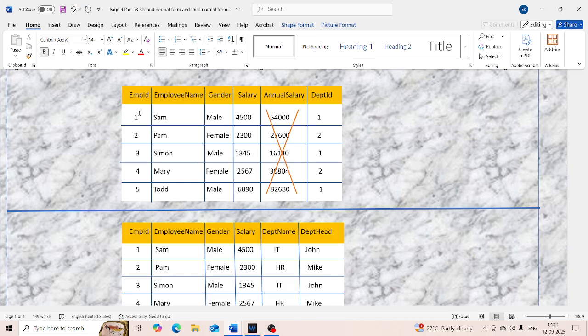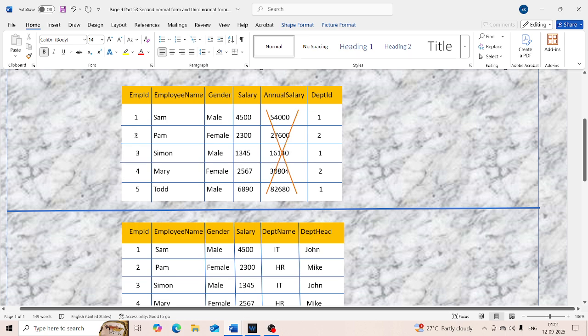What do we mean by that? If the primary key changes, let's say instead of 2 here, obviously employee changes, Pam and her gender changes, her salary changes. The annual salary also changes.